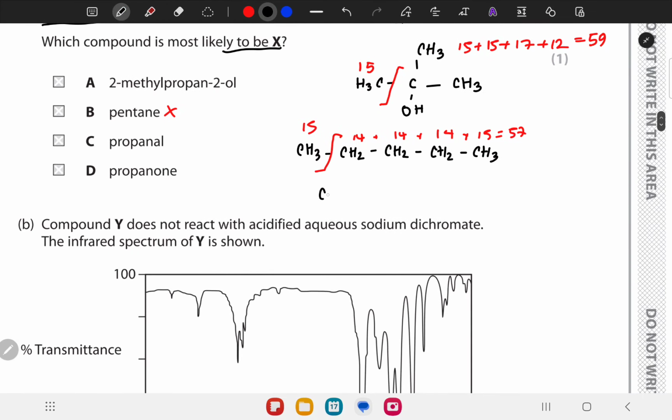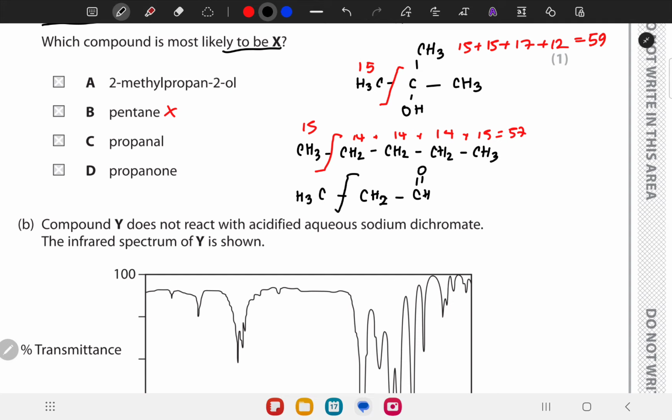Now for propanal, we have CH3, CH2, C double bond OH. If we break this, we'll get 15 plus 14 on this side, so 29, and 13 plus 16 on this side, so 29.